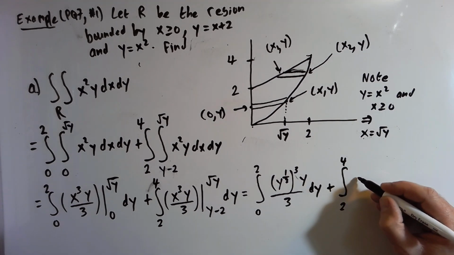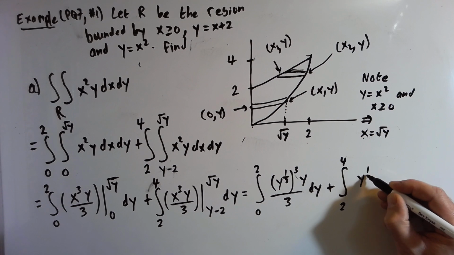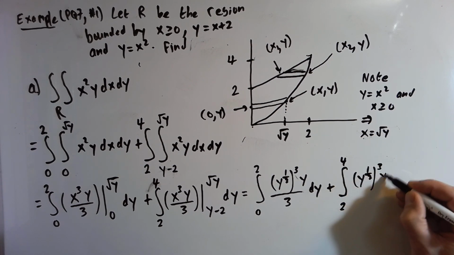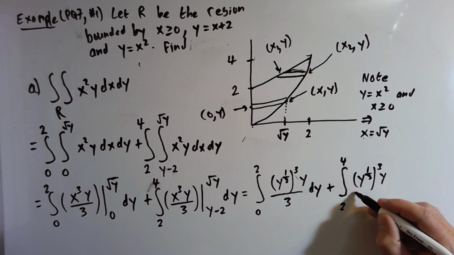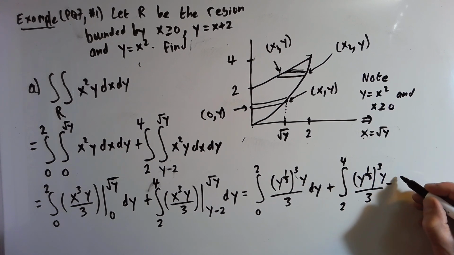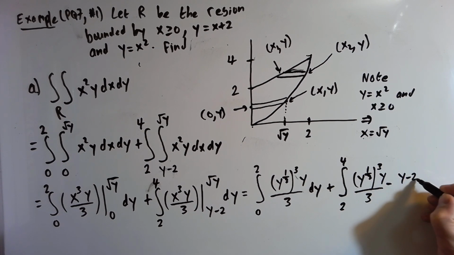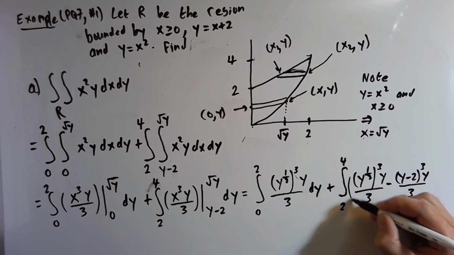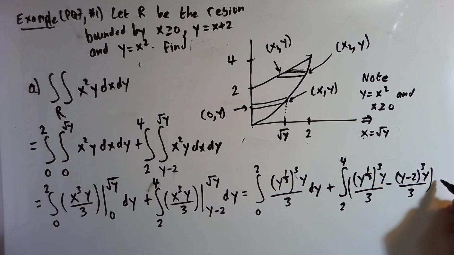So same thing here, it'll be y to the 1/2 cubed y over 3, and then minus y minus 2 cubed times y over 3 dy.